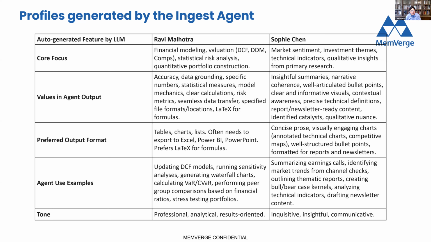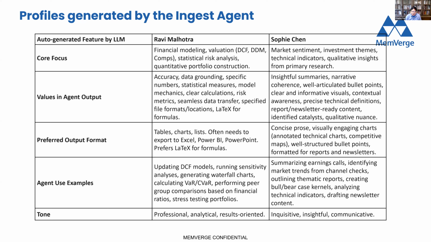So in the background, the memory system can remember certain personal traits for Ravi and for Sophie, where Ravi is more into quantitative analytics, liking tables and charts, and is quite technical, results-oriented and analytical.